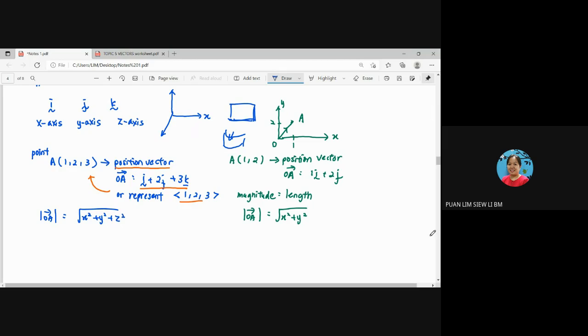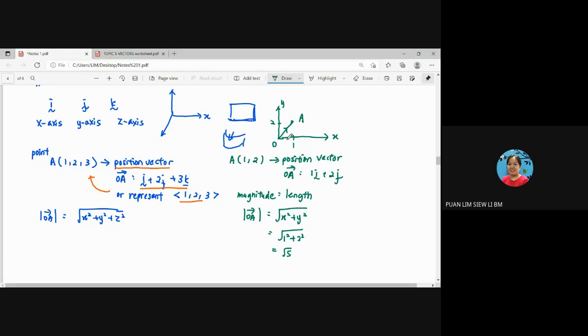So you can see 2 dimensions and 3 dimensions are the same concept. So what are your x, y, z? For example, in 2 dimensions, what is the length? It will be the square root of 1 squared plus 2 squared, which is the square root of 5. So from O to A, the length is square root 5.